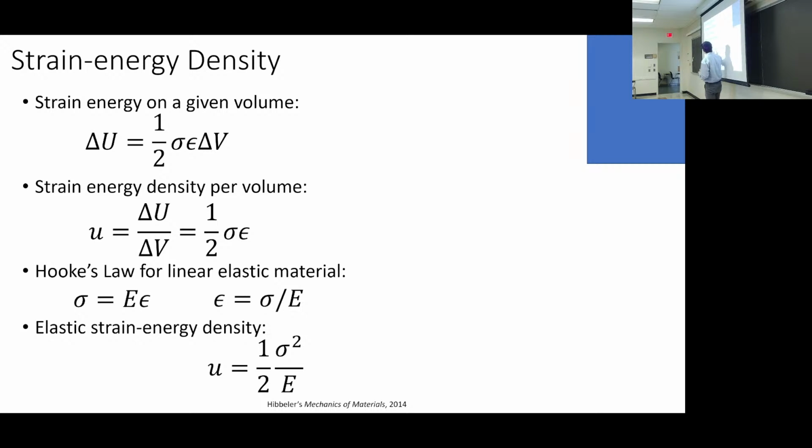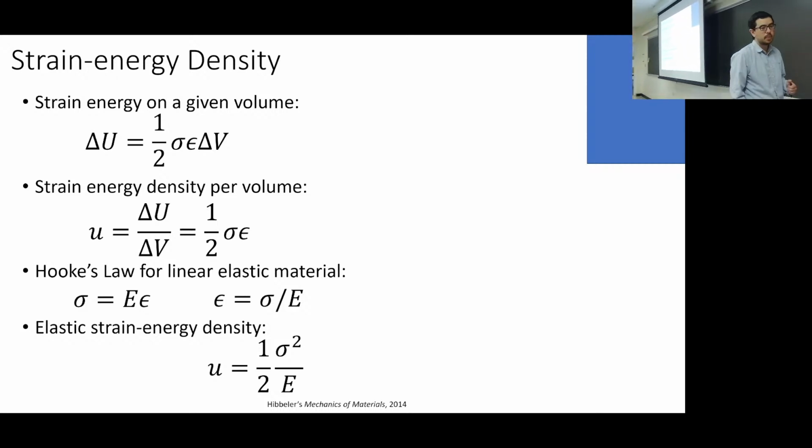If we say that it's a linear elastic material, then sigma is equal to E epsilon, so epsilon is equal to sigma over E. Now we can write different relationships, like 1/2 sigma over big E, or 1/2 E times epsilon squared, if you substitute that way. If you substitute on this side, you get this equation right here: the elastic strain energy density is 1/2 times sigma squared over big E.